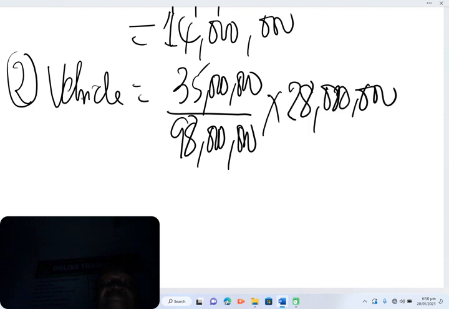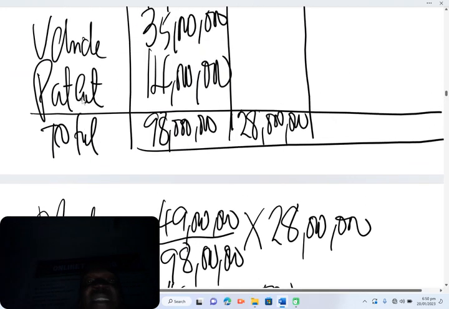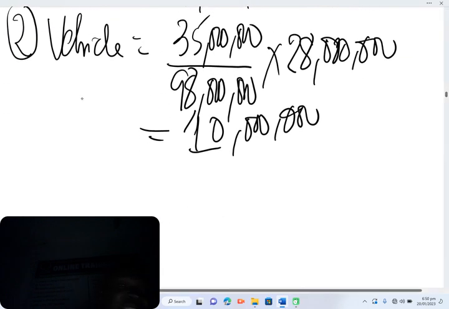How much are you getting? 10. It is 10 million. So impairment of the motor vehicle in the CGU is 10 million. What is left is the patent. So the patent is number 3.